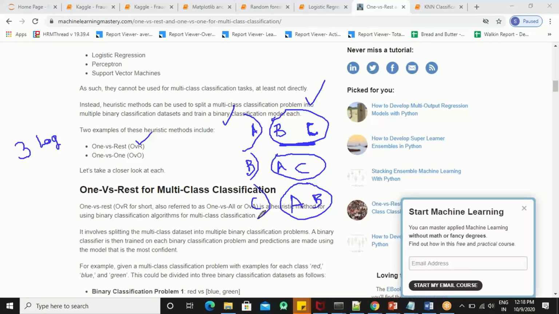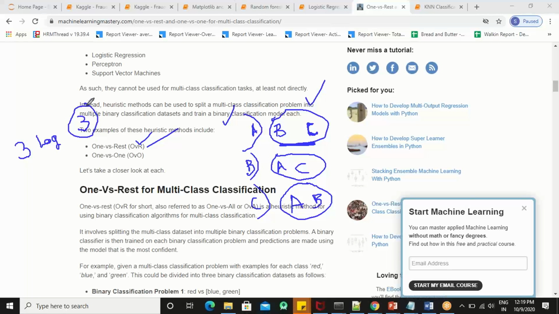This is not a backend test, like it's not like grid search CV. It's something that happens automatically, but it's a model. So it's actually a meta model, as I told you. OVR and OVO are meta models. So if you say that you want to run OVR and you have 3 classes, ultimately 3 logistic regressions will be run internally.